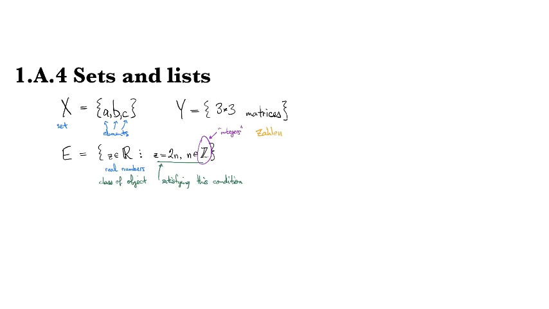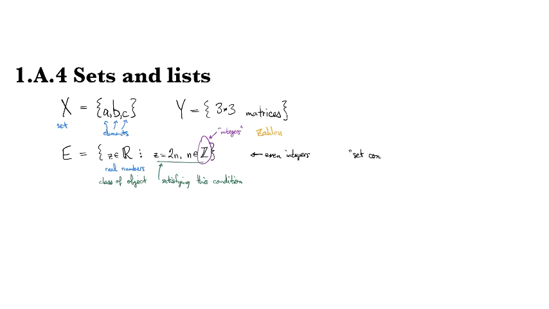Okay. So why did I call this set E? Well, this is the set of even numbers, so the set of even integers. Okay, so this is called set constructor notation.